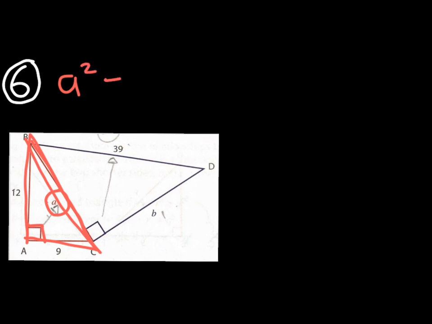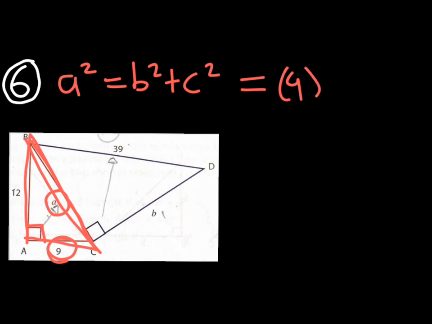So we can say a squared equals b squared plus c squared, and we can let b be 9, square that, plus, now since we let b be 9, that means c is left to be 12.